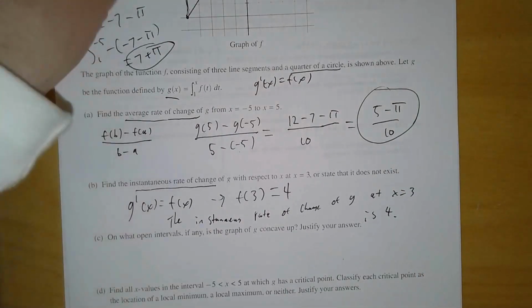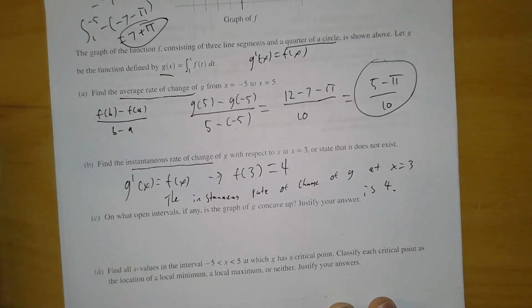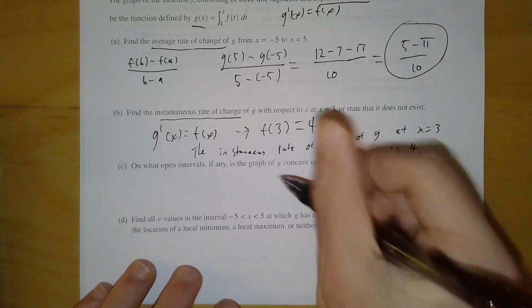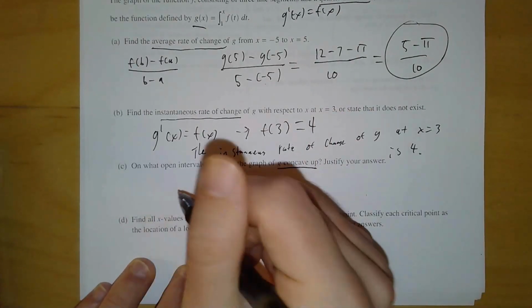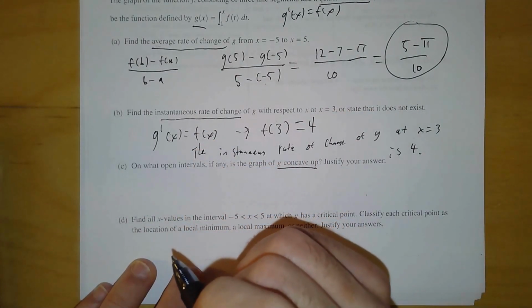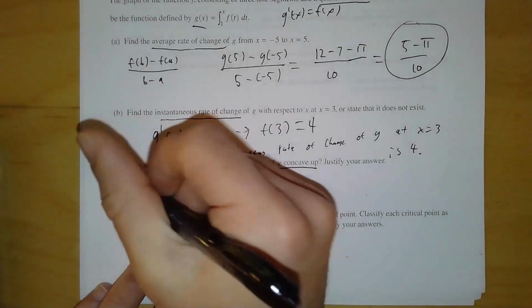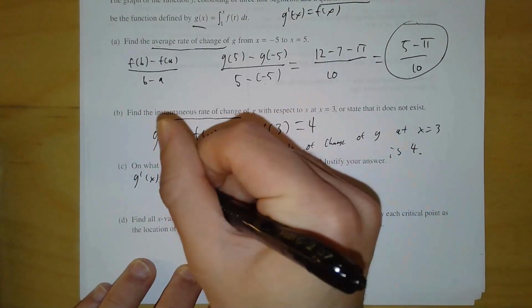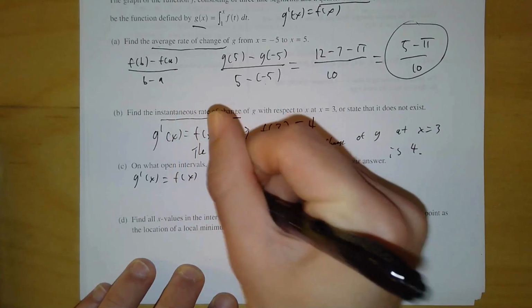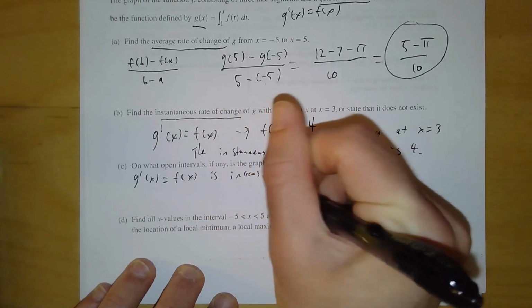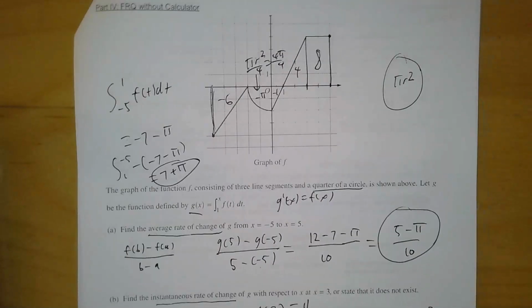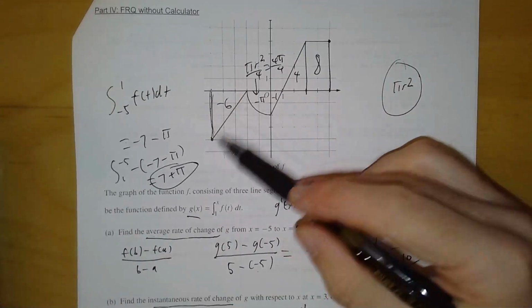Two more. On what intervals, if any, is g concave up? Justify your answer. So it's concave up when, you can think of this different ways, the way I think about it is when the first derivative, which is f of x, is increasing. That's when it's concave up. So you're just going to go back up here. Where is f of x, the curve, increasing?